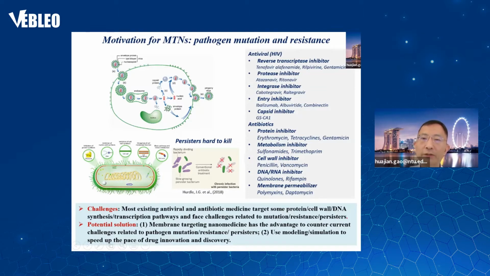After you use a conventional antibiotic, the persisters survive and develop resistance that way. So the challenge, as we summarize here, is that most existing medicines on the market target protein, cell wall, or DNA synthesis pathways. They're effective against metabolically active bacteria, but they face challenges related to persisters and mutations.